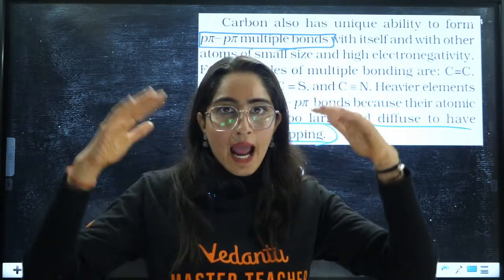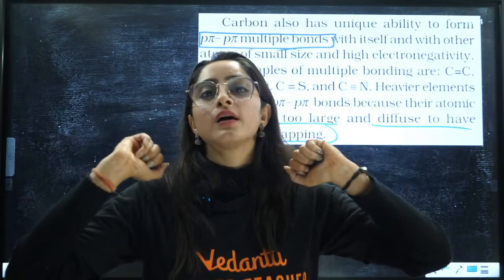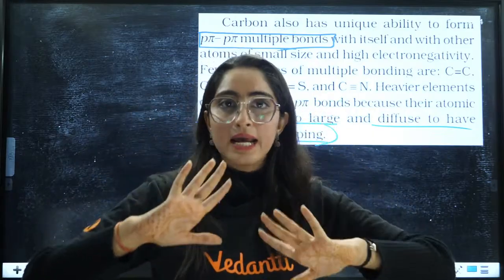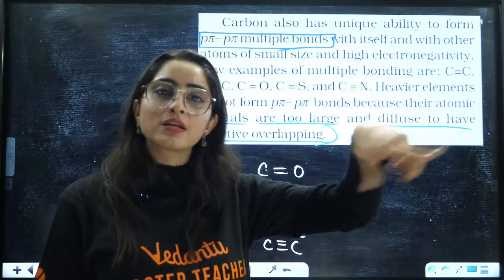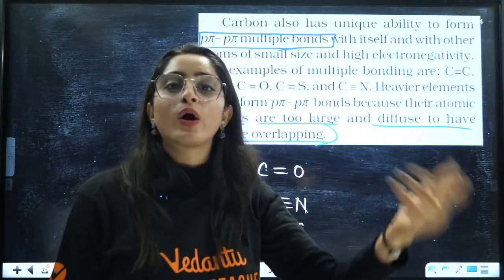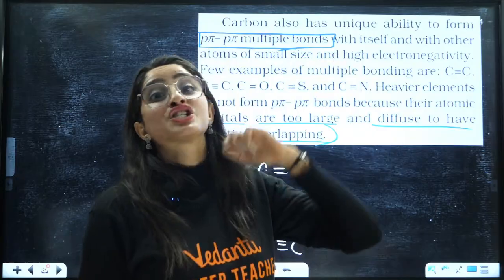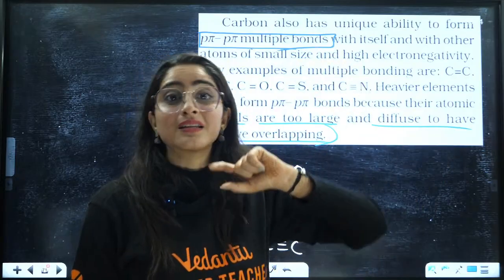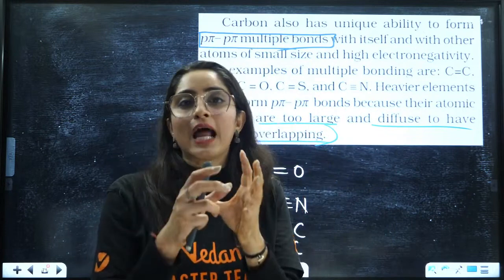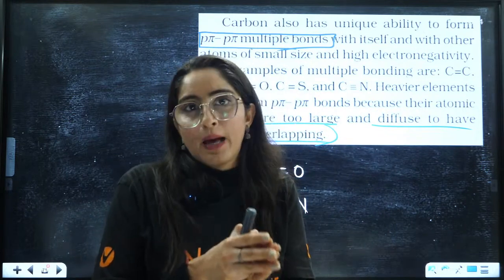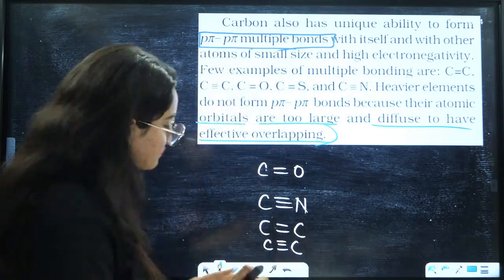And a sigma bond is formed by head-on overlapping. Down the group, the principal quantum number and the shell number increase, so the size of the shell increases. That is the reason sideways overlapping is very difficult.